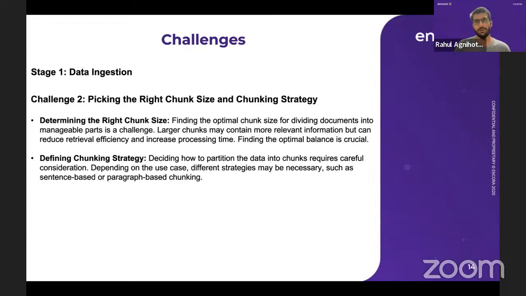Also, if it is a conversational model, not just one input, you need to think about the later inputs as well. So your chunking strategy or your chunk size will depend on what kind of embedding or GenAI model you're going to use. Defining chunking strategy, deciding how to partition the data into chunks requires focus depending on the use case.